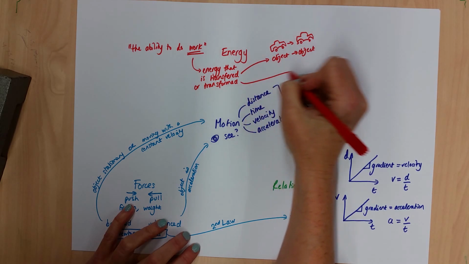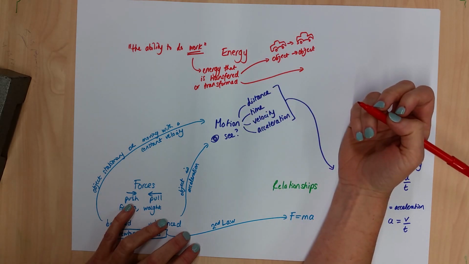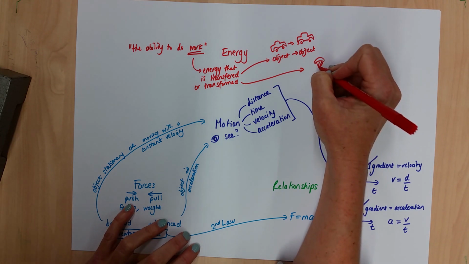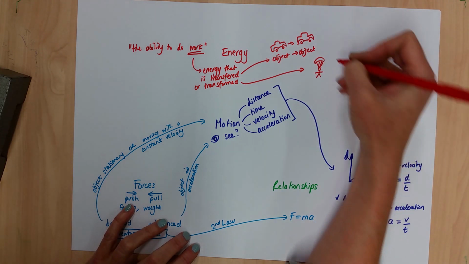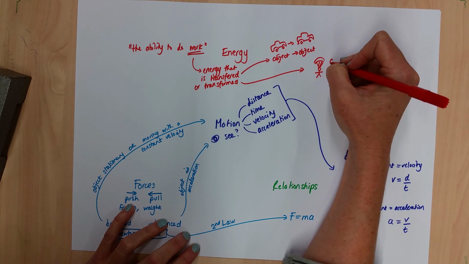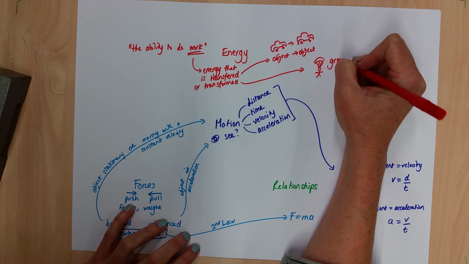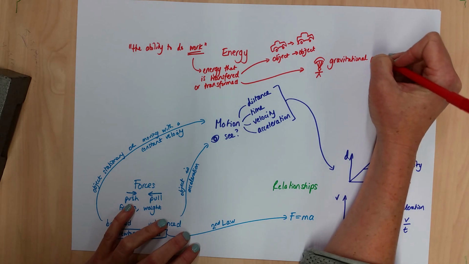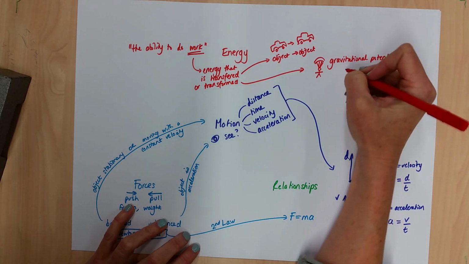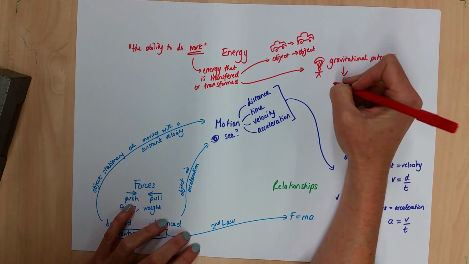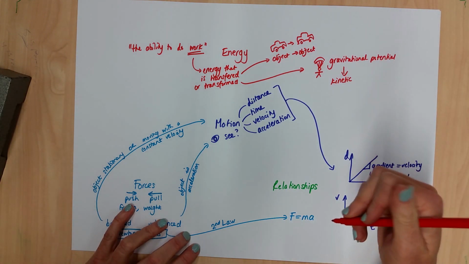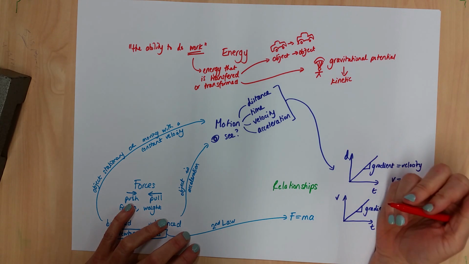Or we could be looking at transformed. For example, a parachutist, when they jump out of the plane and they're up high, has a certain type of energy, gravitational potential energy, and that is then transformed into a different type of energy, kinetic energy, as they move downwards.